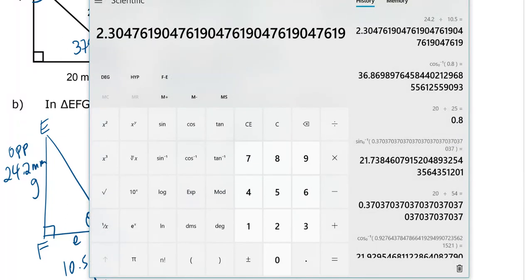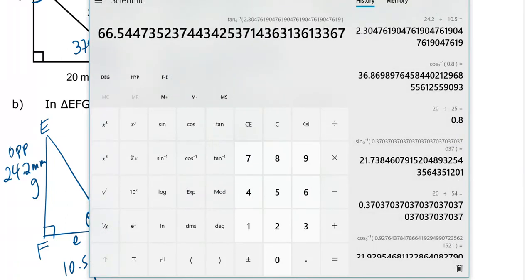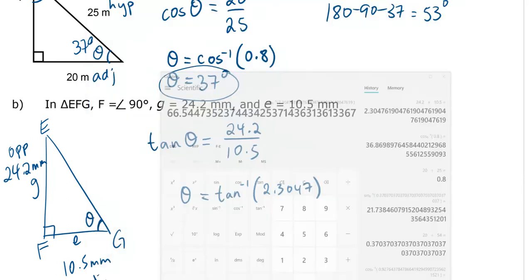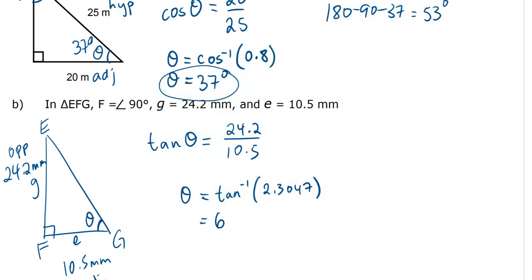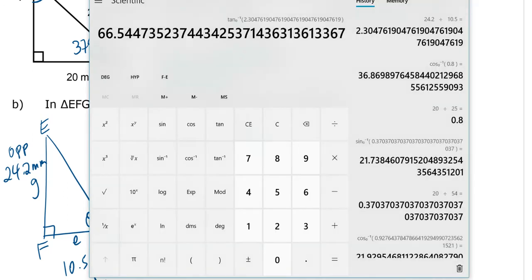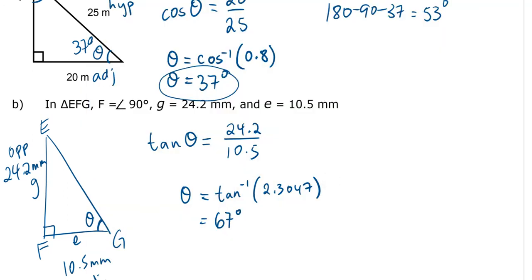And to find that angle, I'm going to keep all these decimals in my calculator, and I'm just going to hit the inverse button to get my angle, 66.5 degrees, which I'll round to 67 degrees. So here it's 67 degrees. To find the other angle, I'll subtract that from 180, so 180 minus the 90-degree angle minus my 67 degrees is equal to 23 degrees. So that is angle E.